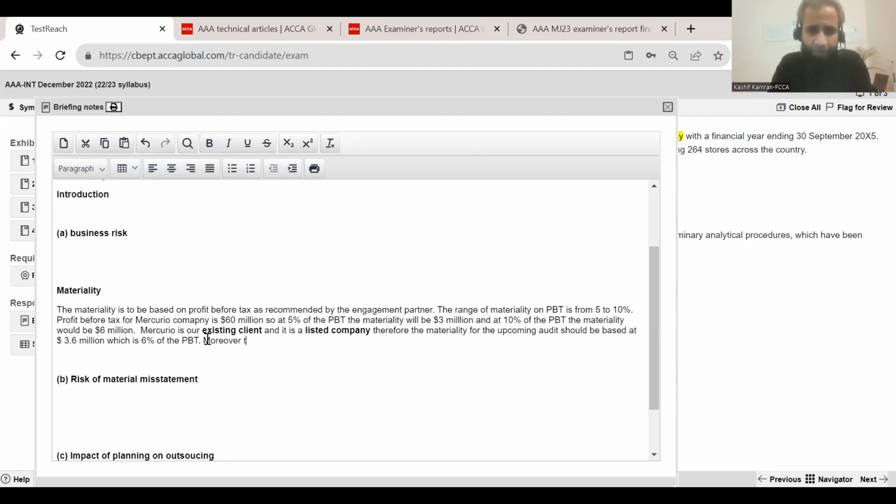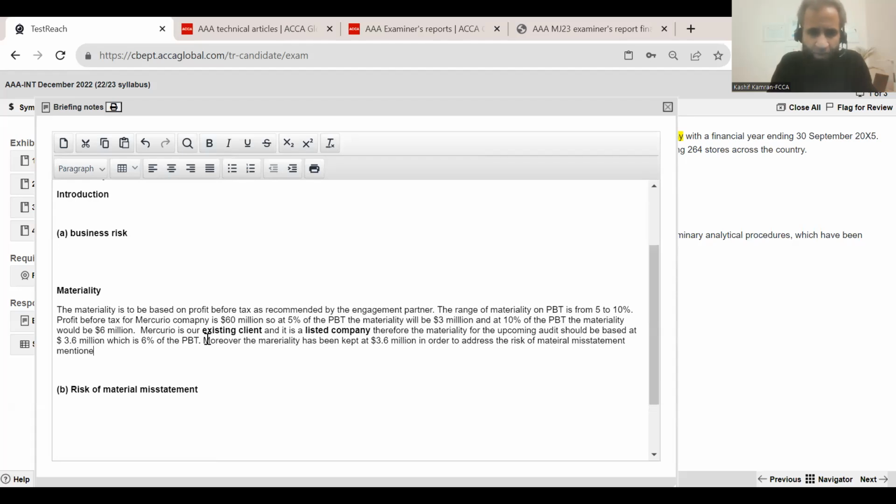Moreover, the materiality has been kept at $3.6 million in order to address the risk of material misstatements specifically highlighted by the partner in the meeting with the finance director.